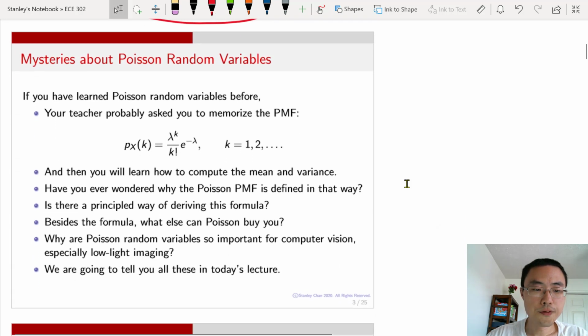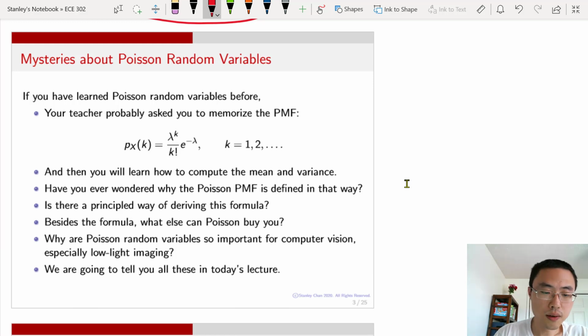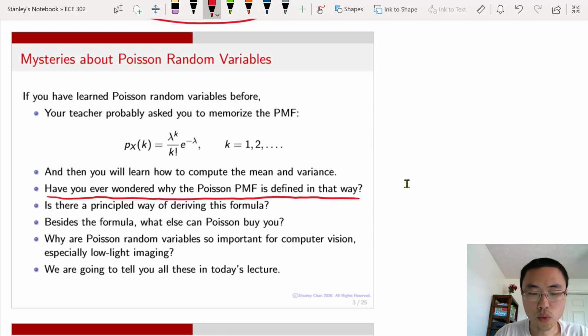If you have ever learned Poisson random variables before, your teacher probably told you to memorize this Poisson PMF, and then you learned how to compute the mean and variance and so on. As I said, what we want to do is ask why Poisson is derived in this particular way. In addition, besides this formula, what else can this Poisson equation buy you?